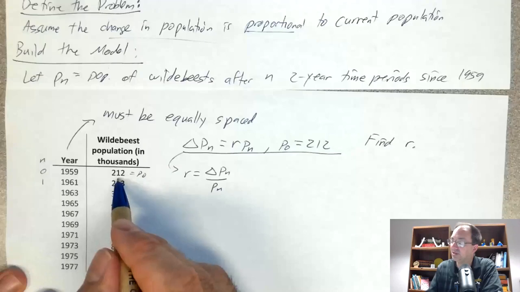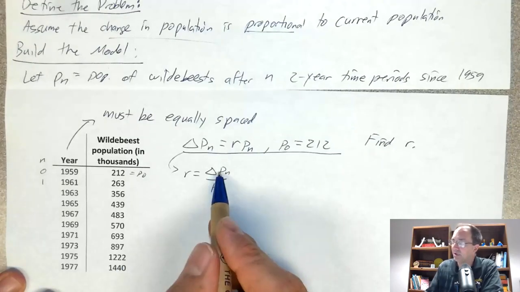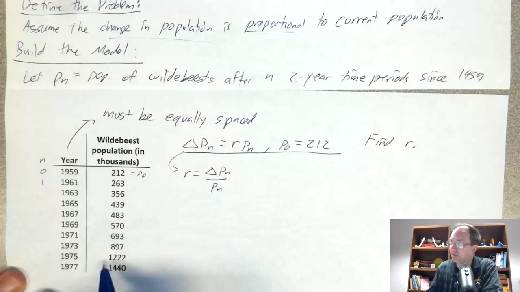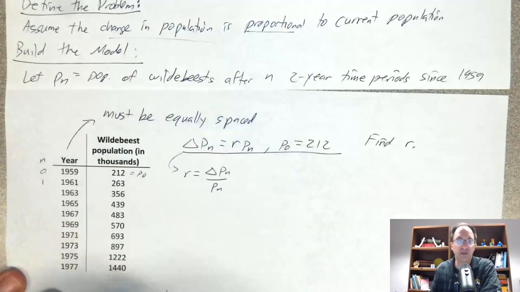For example, the change of the first two is 51, and the change of the last two data points is 218. That would be my numerator, and then I would divide by each one of the P sub n values as we march down the data values. Hopefully we'll get a constant, but we'll have to work it out and see.